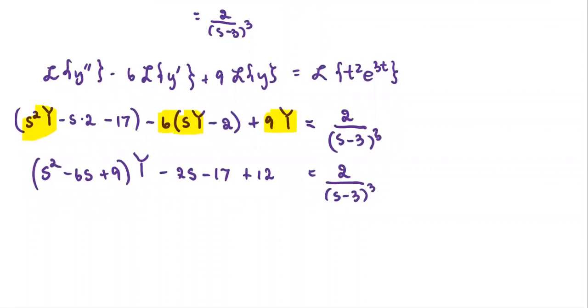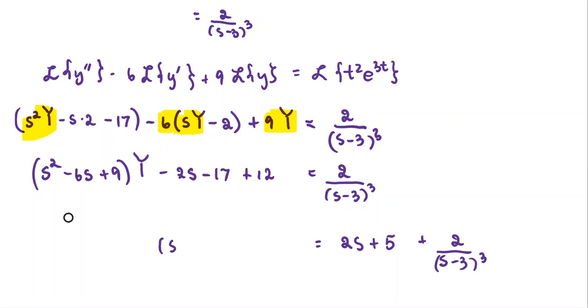So minus 2s minus 17 plus 12 becomes 2s plus 5 on the right-hand side, plus the 2 over the quantity s minus 3 to the power 3.